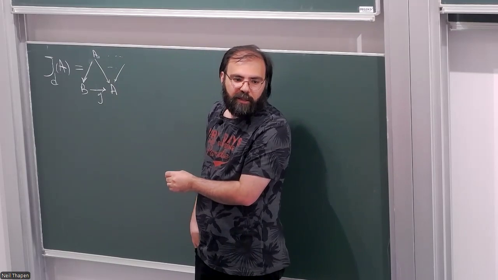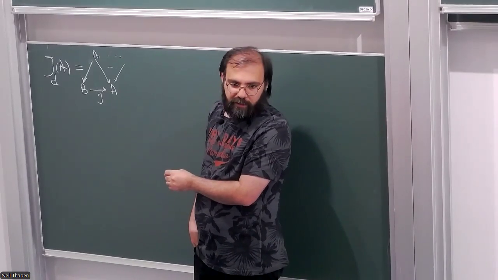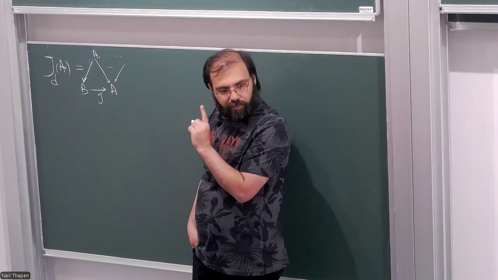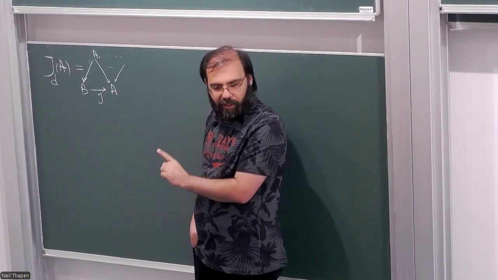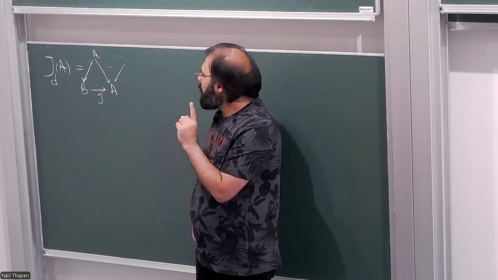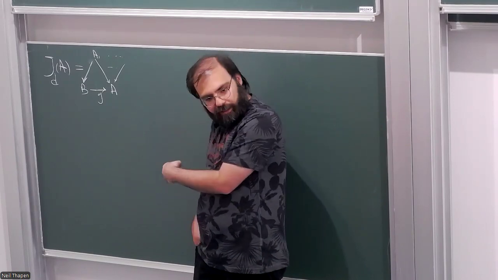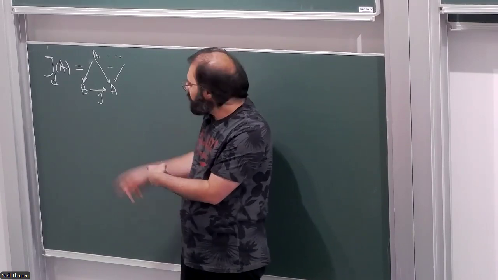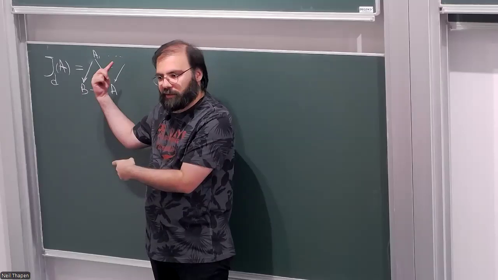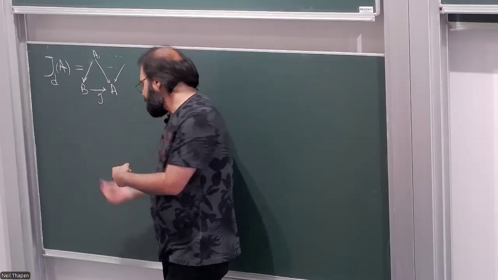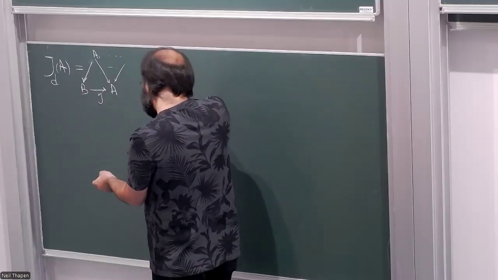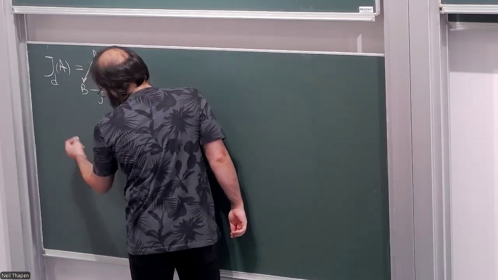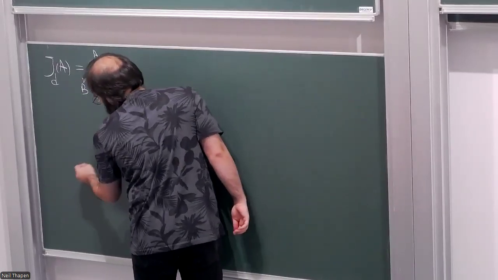Changing the definition of a particular coverage? Yes, one coverage, that's called the dense coverage. So the definition should be this, with the arrow in this direction, not the other one. That was my mistake.